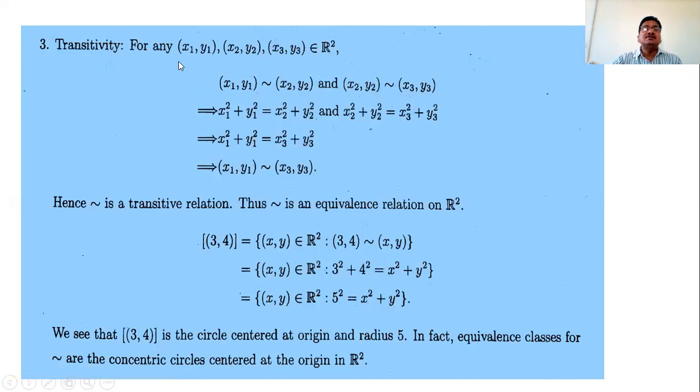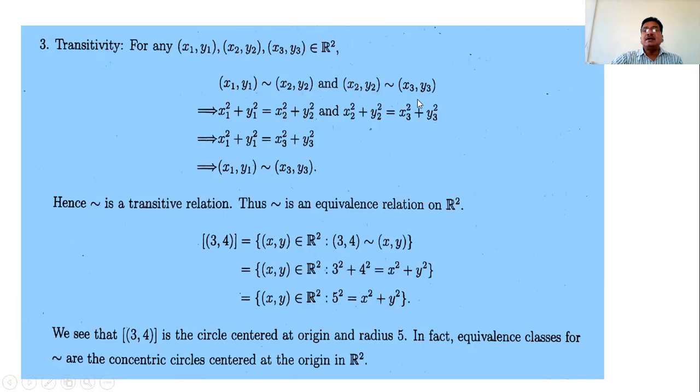The third condition is the transitive condition. Take three elements from R2, (x1, y1), (x2, y2), (x3, y3), three ordered pairs, such that the first is related to the second, and the second is related to the third. Now we have to show the first is related to the third. So (x1, y1) is related to (x2, y2) implies, by the definition given in the example, x1 square plus y1 square is equal to x2 square plus y2 square.